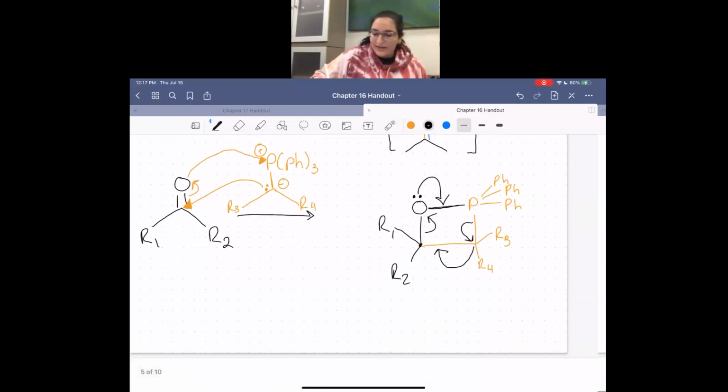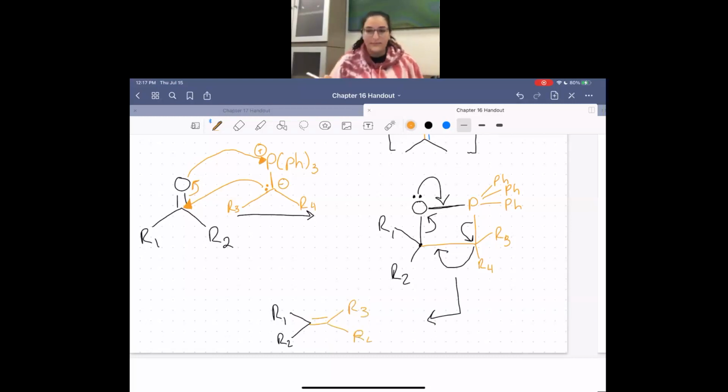And now we get R1 and R2 double bonded to R3 and R4. And our side product is oxygen double bonded to PPh3.